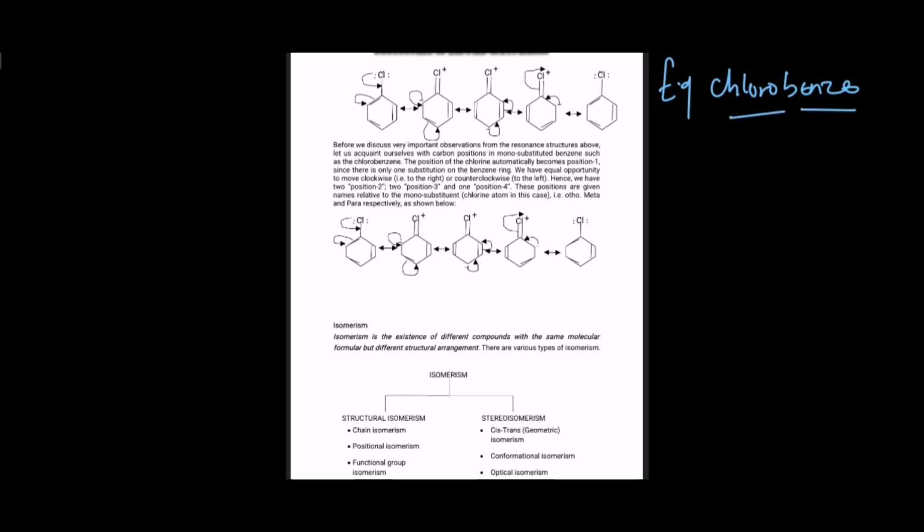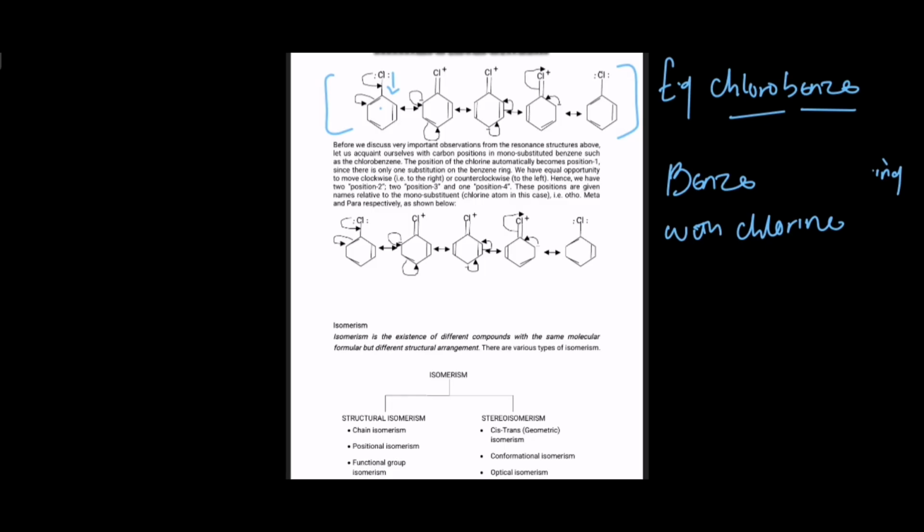From this structure here, you find that there is a benzene ring with a chlorine atom attached to it. From this diagram, this is the benzene ring, and this is the chlorine atom attached.